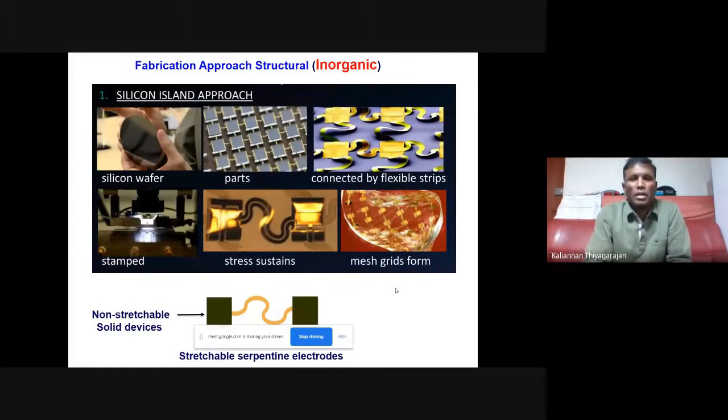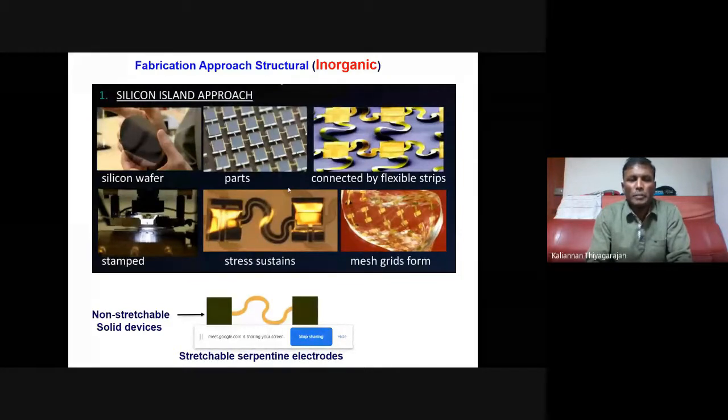And for stretchable electronics, the fabrication is quite tricky. There are a few approaches available. I'm going to talk about three major fabrication approaches. The first approach is the silicon island approach.